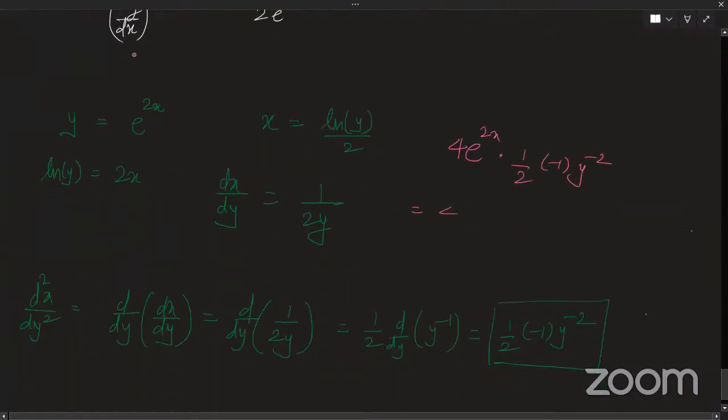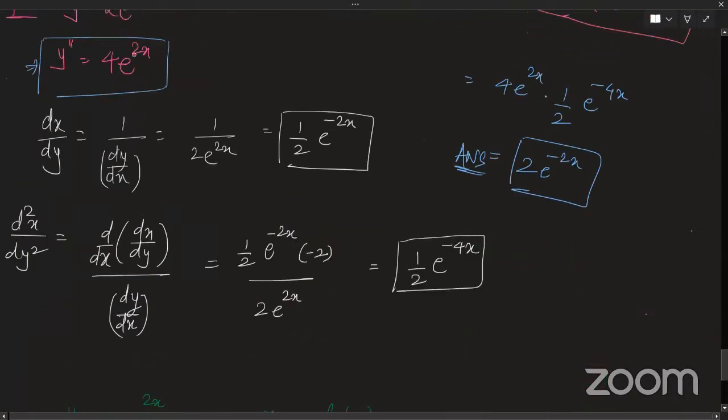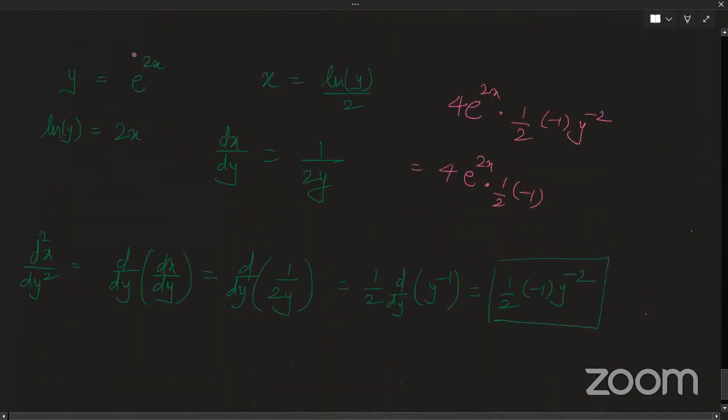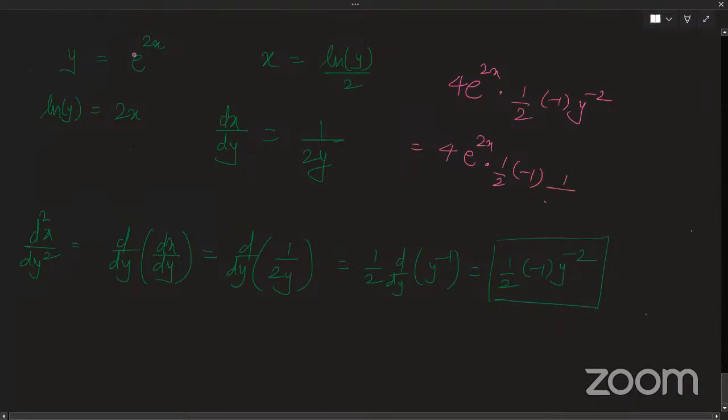So it will be 4 into e raised to 2x into half into minus 1 into 1 by y square. So I'll get my final answer, 2 e raised to minus of 2x.